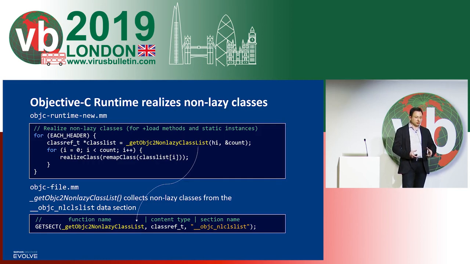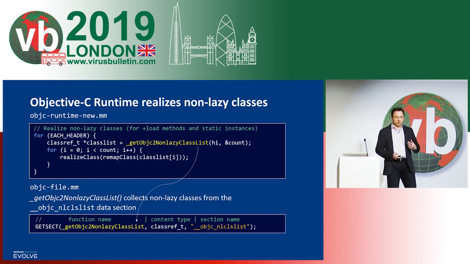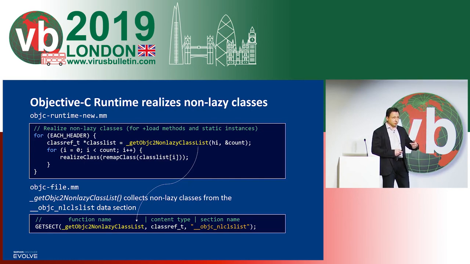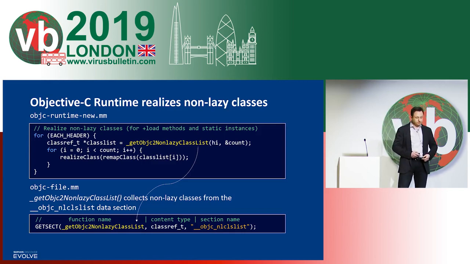And if you look at it to understand what it does when it loads the Mach-O binary, you will see that it calls a function called getObjCNonlazyClassList. That function will return the list of non-lazy classes into this class list, and then for each class in that list, it will call a function called realizeClass.